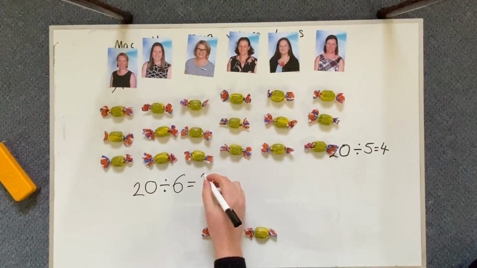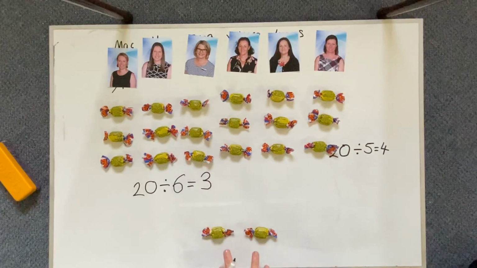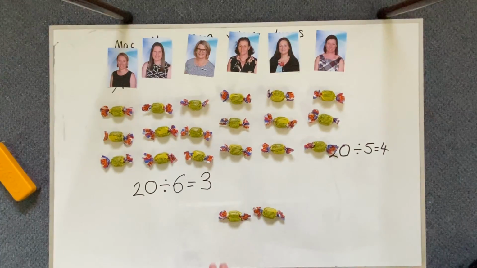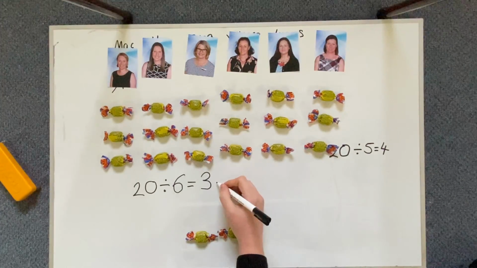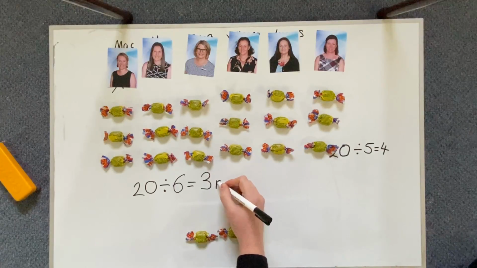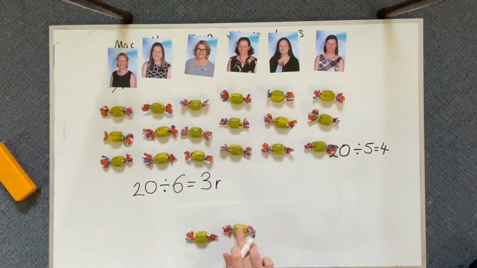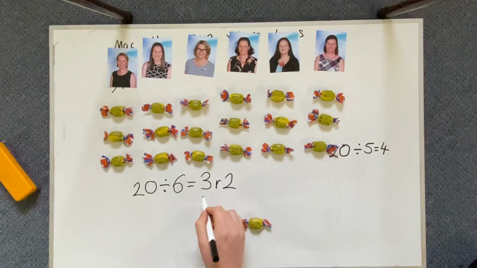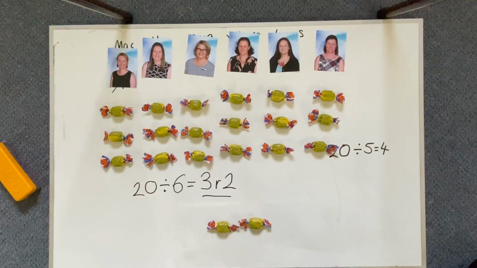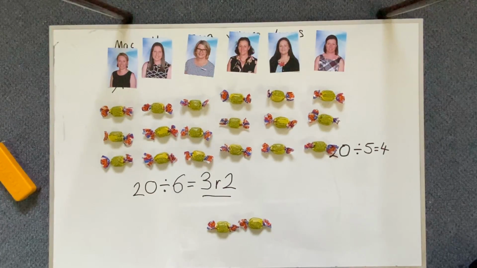So each teacher had 3, but we had these 2 left over. We couldn't give those to any of the teachers because it wouldn't be fair. So I'm going to write that as 3 remainder, little r, which means like leftover. How many were left over? 2. So our answer is 3 remainder 2.